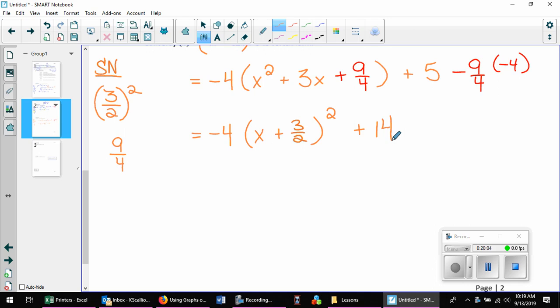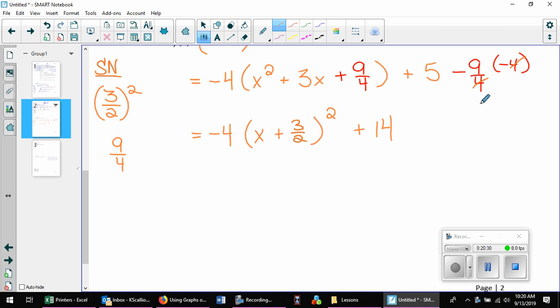what I did in my head is I said 4 goes into -4 how many times? Hopefully, 4 goes into 4 one time. Right? So these would cancel each other out, leaving you with a minus sign, so -1 times -9 is 9, 5 times 9.